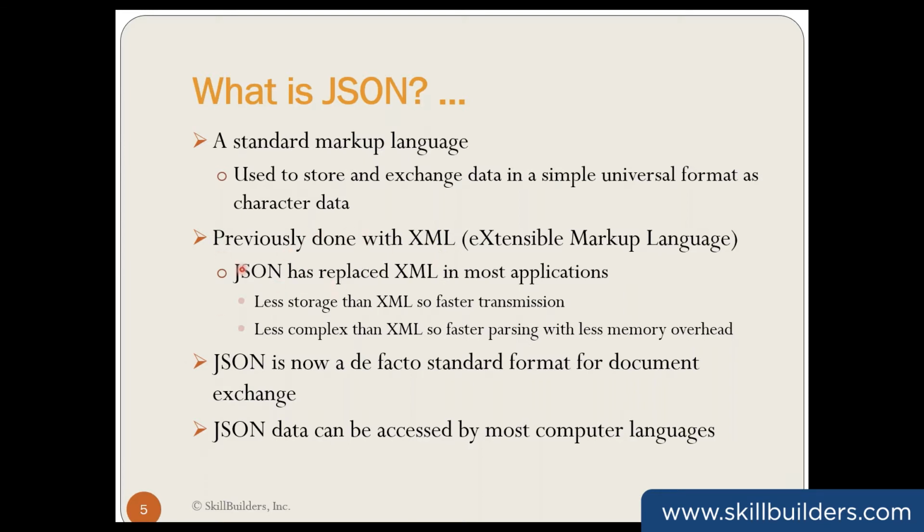Is XML still used in places? Sure it is. And there are some advantages to XML, but in general, they're not worth it to learn all the complexity and the slower transmission and so on. JSON basically is used by almost every computer language. Everybody uses it because they know it's the standard way to transmit information.